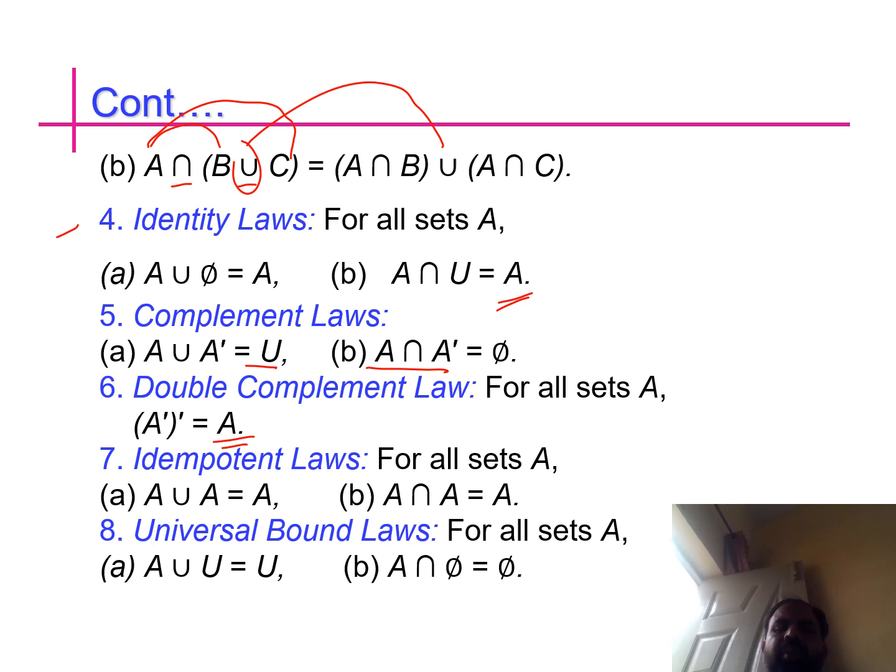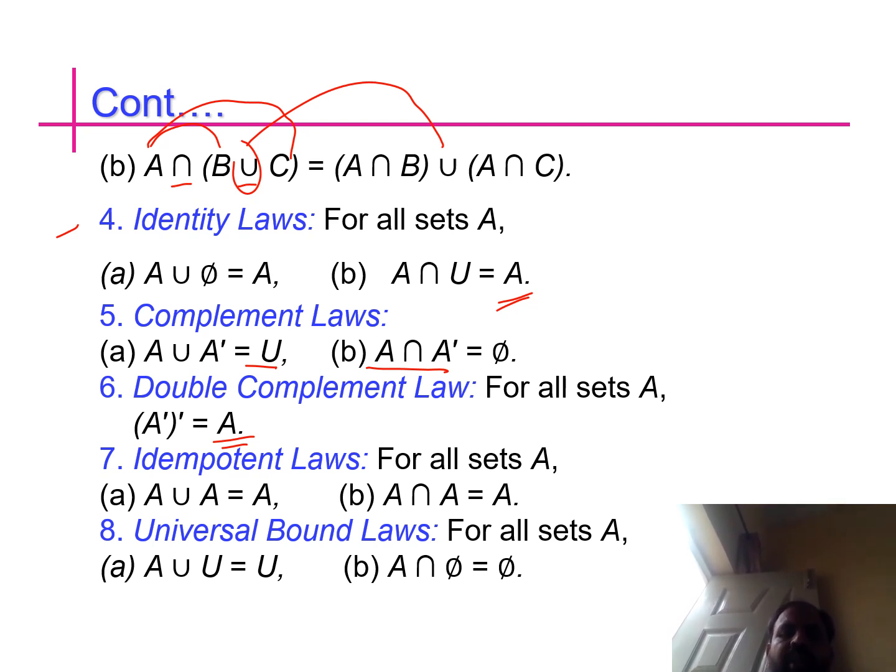Now we present the complement laws. A union A complement is equal to U. If we take the union of A and A complement, then it's equal to the universal set U. And if we take the intersection of A with the complement A dash, then it's the empty set.